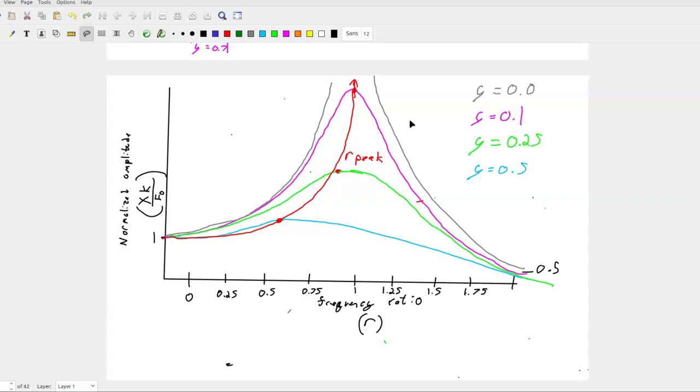The natural question is, well, what if I have a critically damped case? If you have a critically damped case, the peak moves all the way here to the left on the red line. So if you have zeta equals 1, this is actually your peak right out here. And it looks like that.